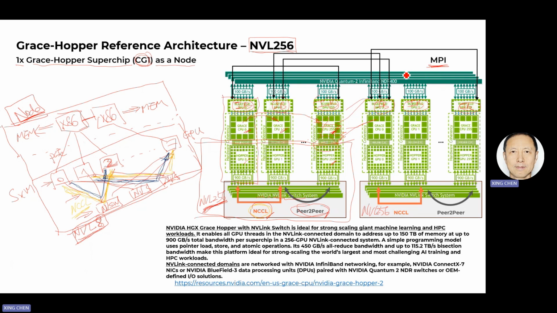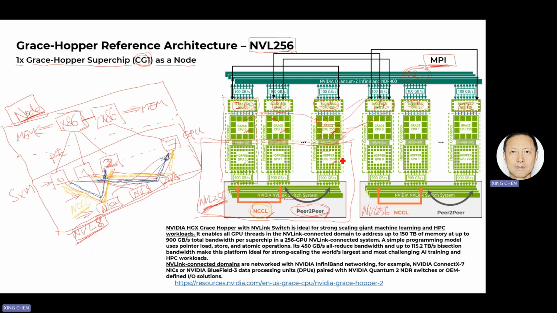Suppose you have an InfiniBand network, and you run this MPI communication library on top of this InfiniBand network. Whatever the nodes, in one NVL domain or inter-NVL domains, the communication will be done by using the MPI library.